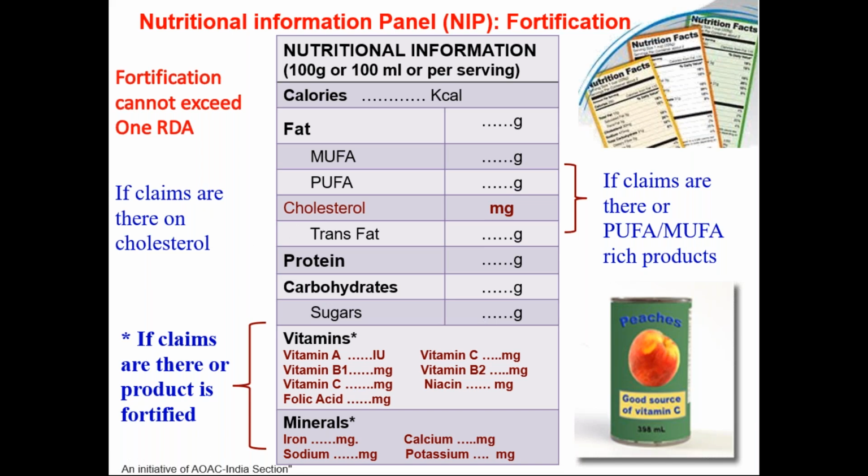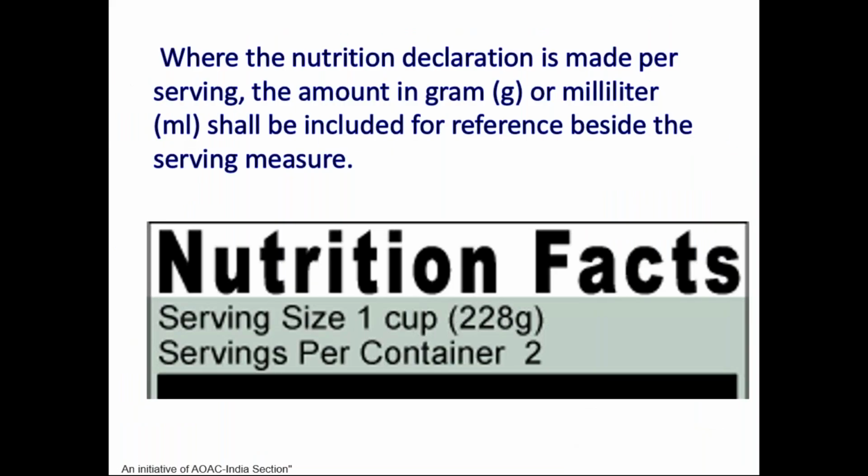As per the regulation, when you add any of the nutrients, the fortification should not exceed one third of the recommended daily allowance. If it is given per serving, as I said, in parentheses, you must have it in grams.